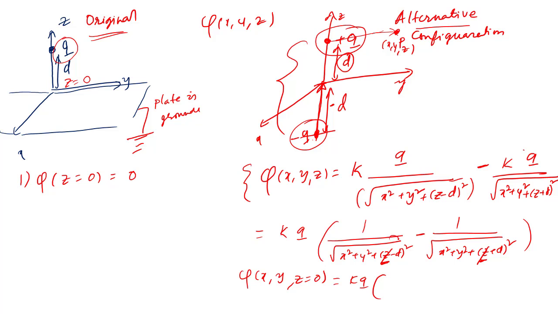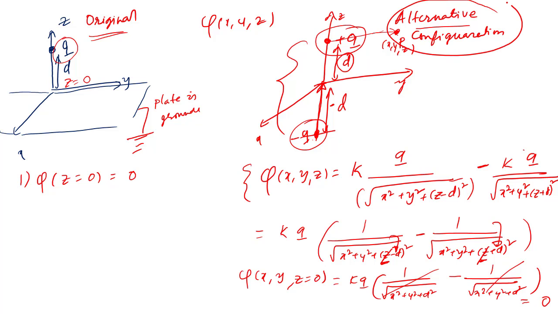You have a minus d squared term here and a plus d squared term here. So because it is squared, it doesn't matter, and you get essentially x squared plus y squared plus d squared minus the same thing, x squared plus y squared plus d squared. And naturally these two cancel out and give you 0. So it appears that this alternative configuration seems to satisfy the first boundary condition.